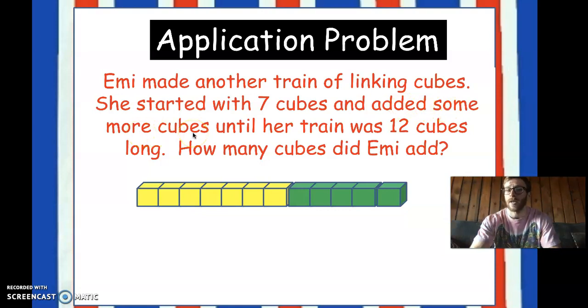Now, we don't know how many cubes she added. Hint, hint. Until her train was 12 cubes long. So she started with 7 cubes. Then she added some more. We're not quite sure how many she added. And she ended with her train of linking cubes being 12 cubes long. Okay? Take a couple seconds to see if you can come up with a number sentence that fits this problem.